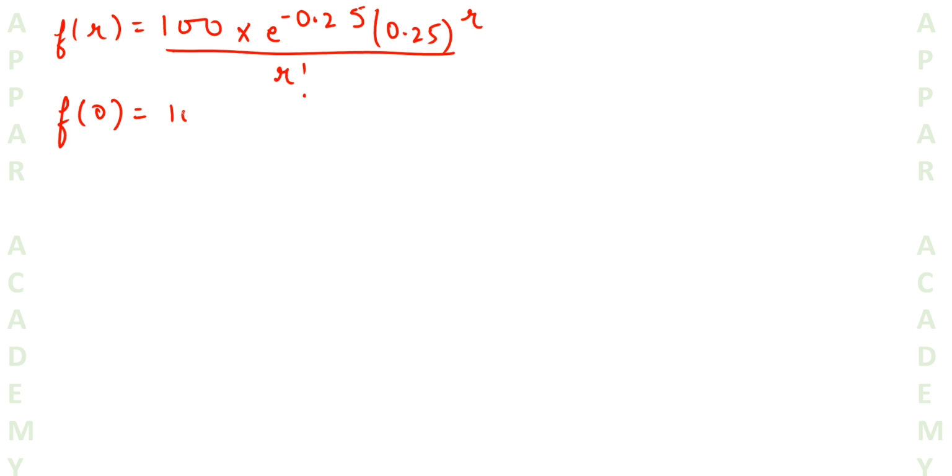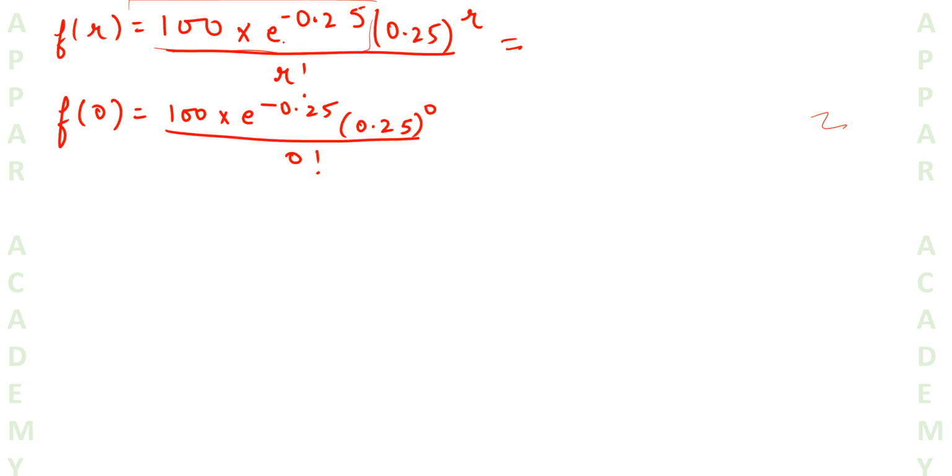So f of 0 means 100 into e to the power minus 0.25 into 0.25 to the power 0 upon 0 factorial, right? Or we can simply write this particular thing as e to the power minus 0.25. This portion is common for all.